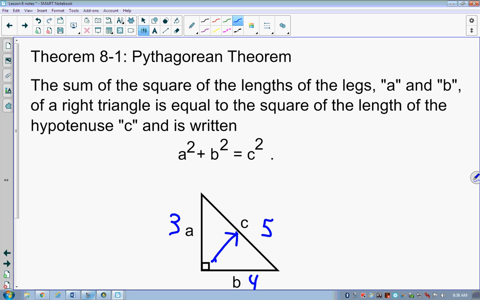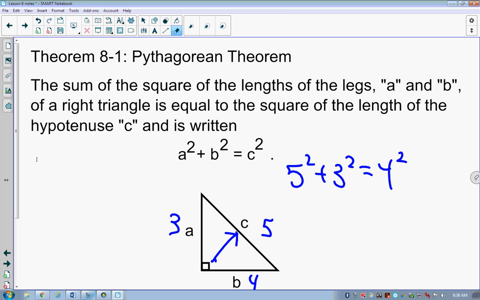But if I don't know where C is, then I could end up doing 5 squared plus 3 squared equals 4 squared. Well, 25 plus 9 doesn't equal 16. I have to know which one is the hypotenuse and where to put it in my equation. Does that make sense? So there is a reason to this.